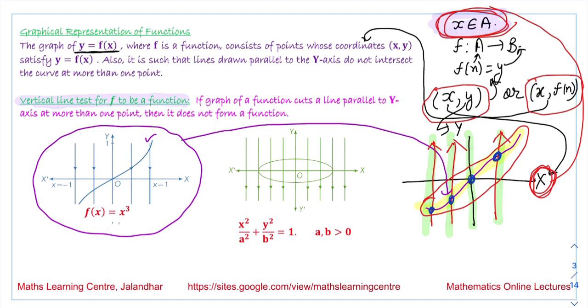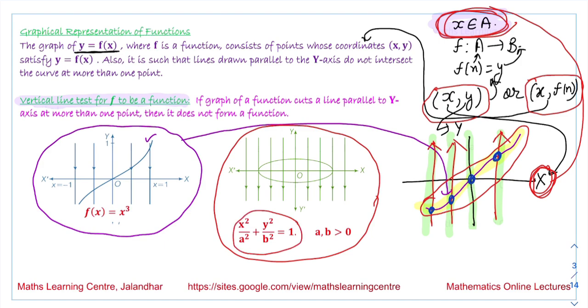Now suppose the graph we are drawing is the second figure. This is the function x square by a square plus y square by b square is equal to 1. This is the equation of an ellipse, and the graph of this will be like this. If you substitute different values of x, you will obtain different values of y, and you plot these points.